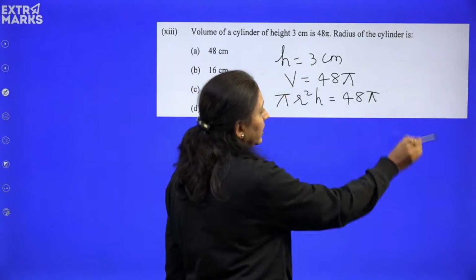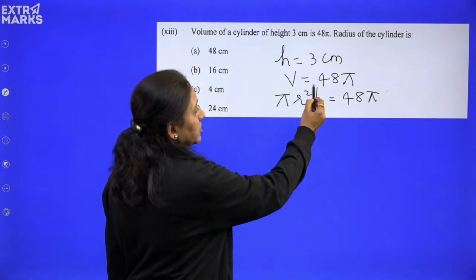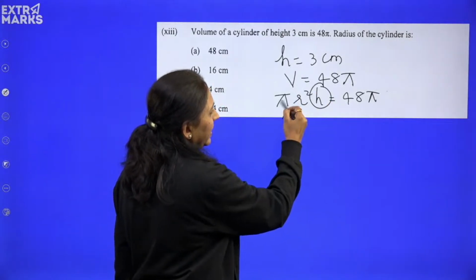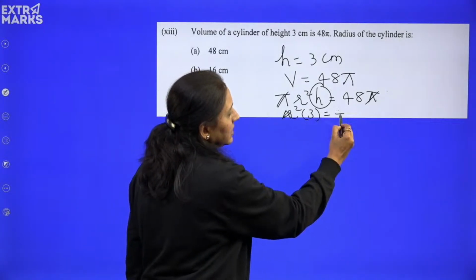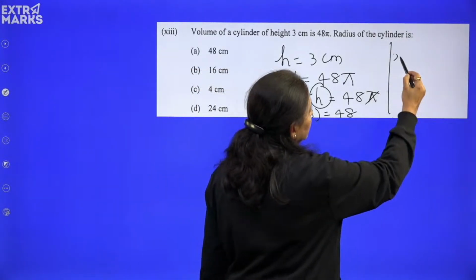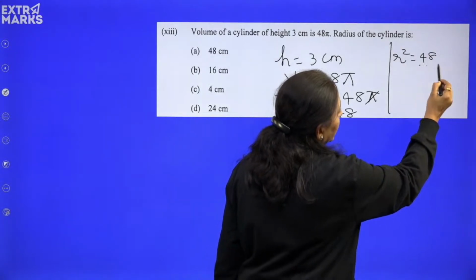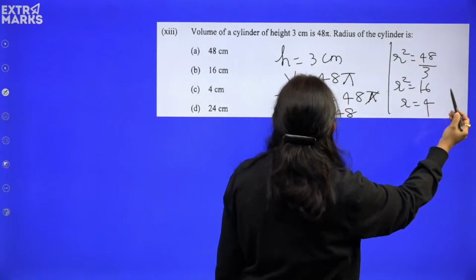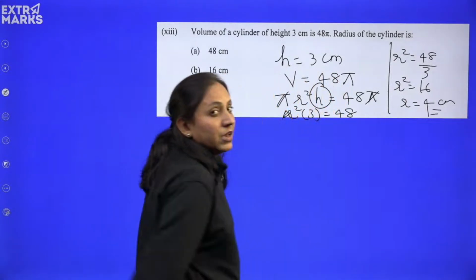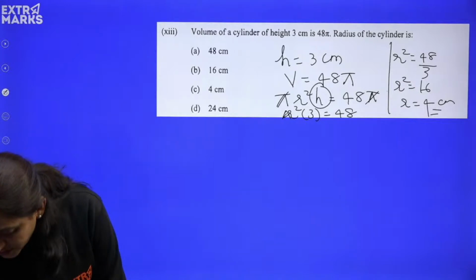So pi r square h is equal to 48 pi, and if you substitute h here, pi and pi get cancelled. So we have r square multiplied by 3 is equal to 48. So r square becomes 48 upon 3, so r is 4 centimeters. So the radius is 4 centimeters.